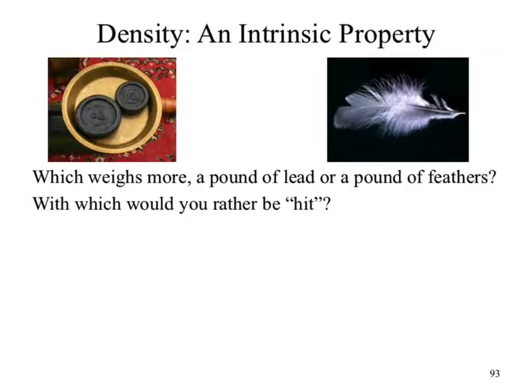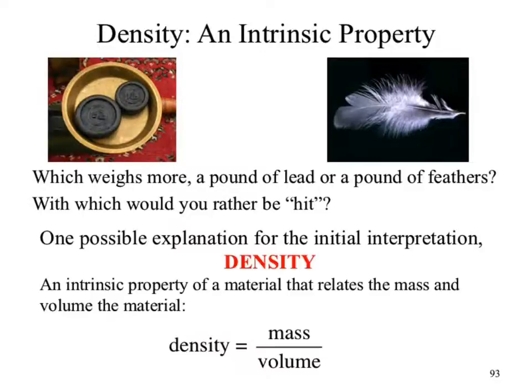also known as density. When we look at lead, what is the density of lead? It's really, really big. For a very small volume, I get a very large mass. What about the density of feathers? Very, very low. It's the opposite relationship. For a very large volume, I have a very small mass.